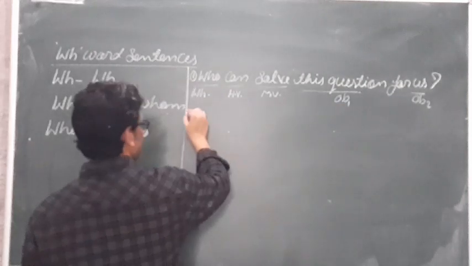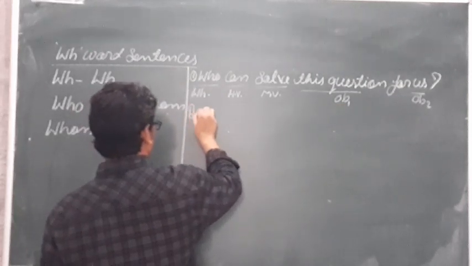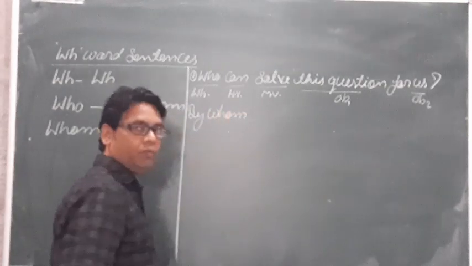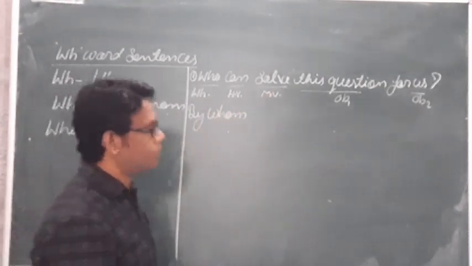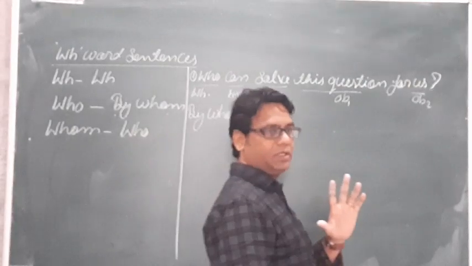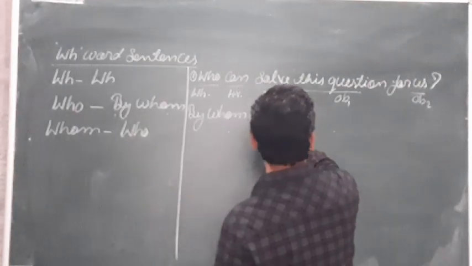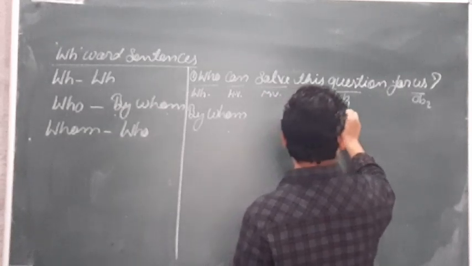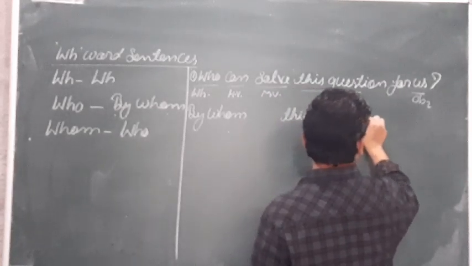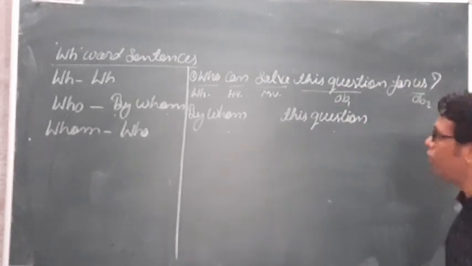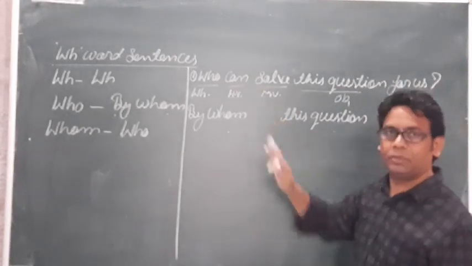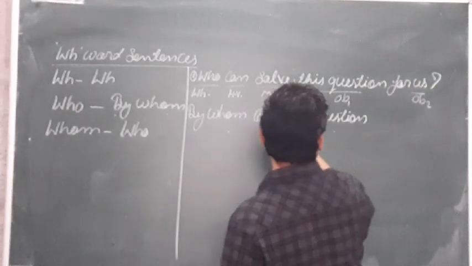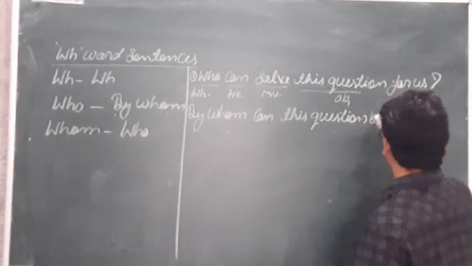So first of all, we will change who into by whom. Now object number 1 will be changed into the subject, this question. Okay. Now look at the helping verb. Can is a modal, and we will change the modal into modal plus be.